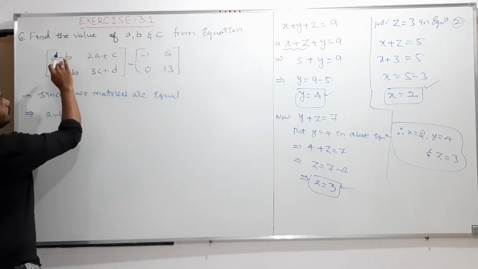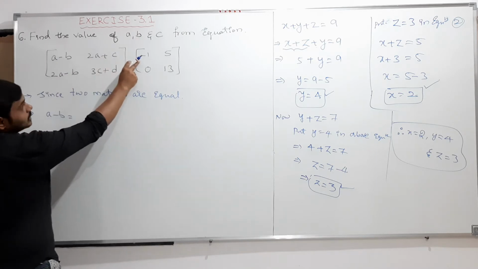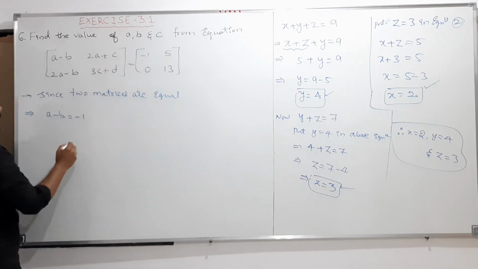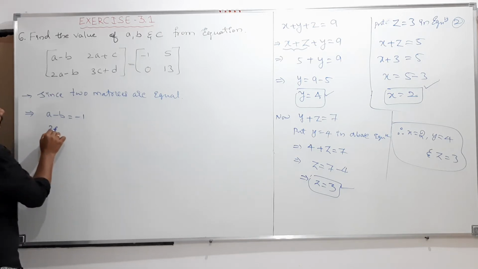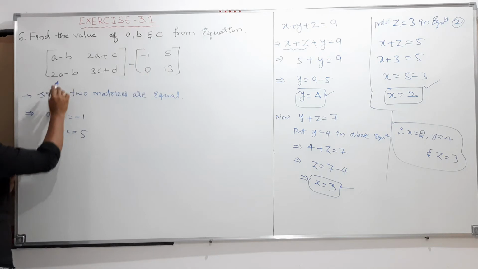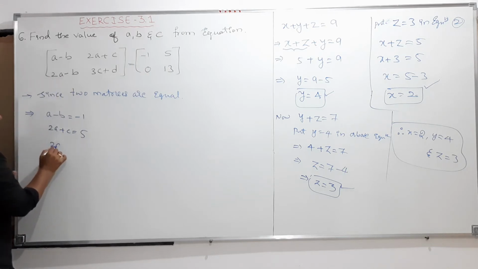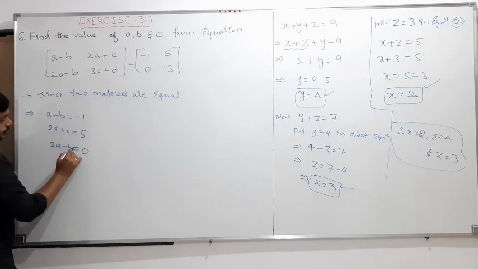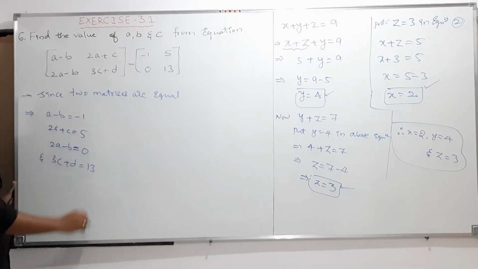Using that condition, A minus B must be equal to minus 1, 2A plus C must be equal to 5, 2A minus B is equal to 0, and 3C plus D must be equal to 13.